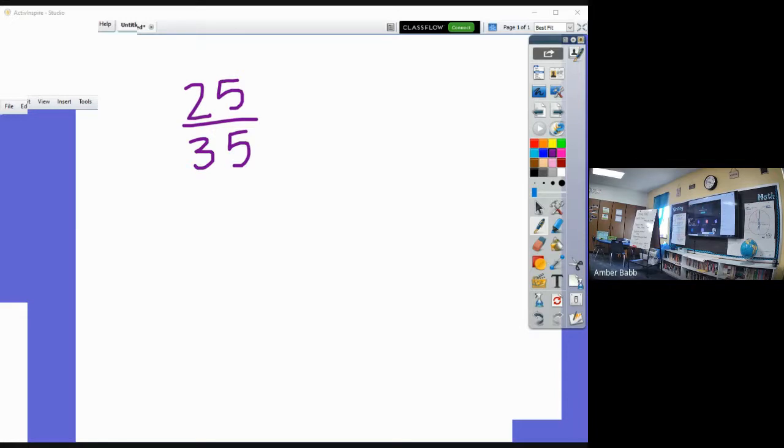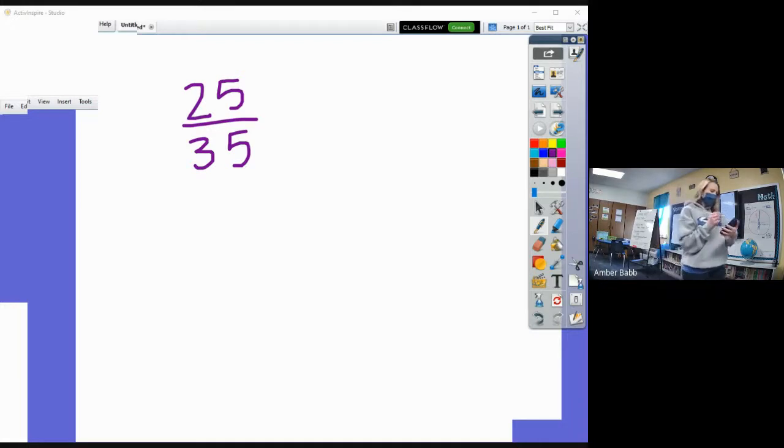Okay, so division is the opposite of multiplication. So 25 divided by 5 will be on top. And then find where's the 35. Right here. 35 divided by 5. What's the answer?